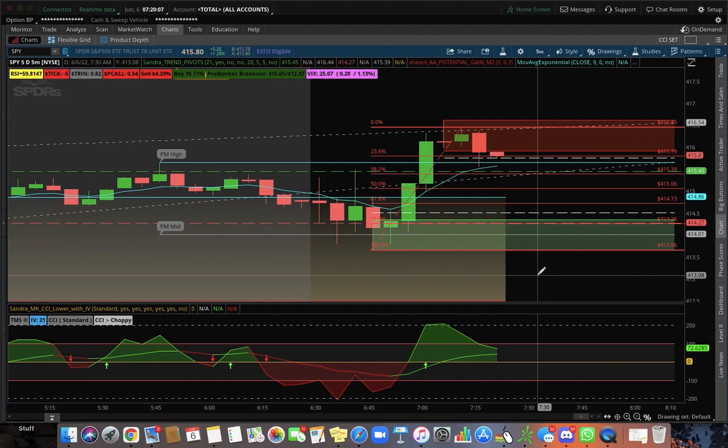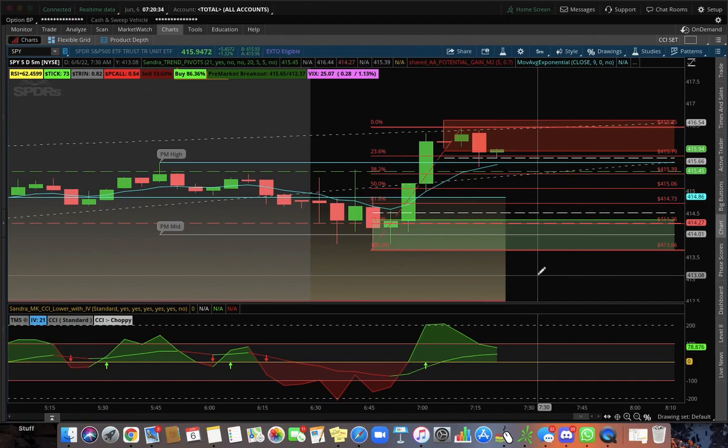Because otherwise, the 9 EMA tends to work well. Yes, that's a great point. You can use the EMA that is your favorite to use for a stop, and it seems like a lot of our members use the 9, so I put it on my chart to use it as well, so we can discuss it.